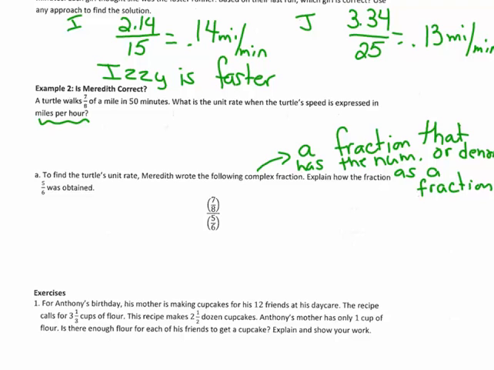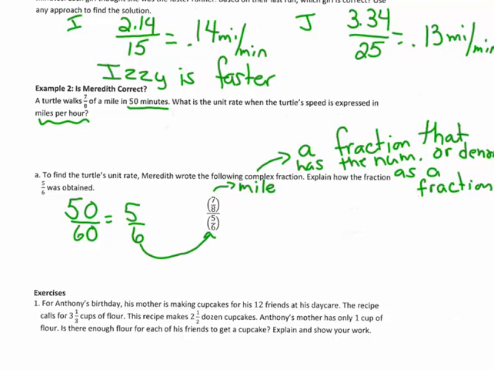I want to know, explain how this fraction 5/6 was obtained. We know the 7/8, that was how many miles? So where did this 5/6 come from? Well, they took 50 minutes, but we have to turn that into hours. We know that there are 60 minutes in an hour. If I reduce that, that's how I got my 5/6.